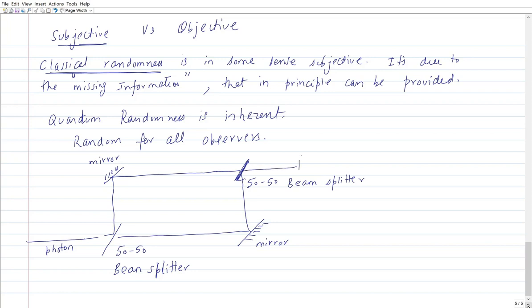And I have two detectors, A and B. So the photon comes, either it goes this way, gets reflected, goes to this beam splitter, or it goes this way, gets reflected, goes to this particular beam splitter. Mirrors just completely reflect the photon over here. So this setup, when I have two beam splitters and mirrors, is called a Mach-Zehnder interferometer.